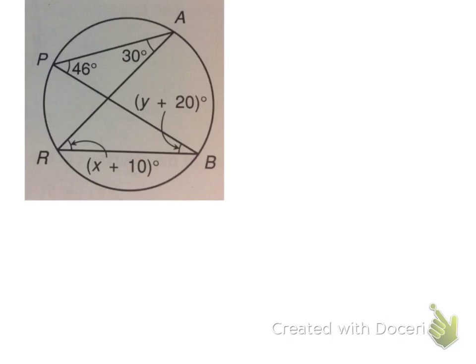We happen to have angles given to us. It actually looks like they have a whole bunch of lines crossing in there, and we're only talking about angles in this one. We got a 30, we got a 46, and then it jumps over here to y plus 20 and x plus 10.